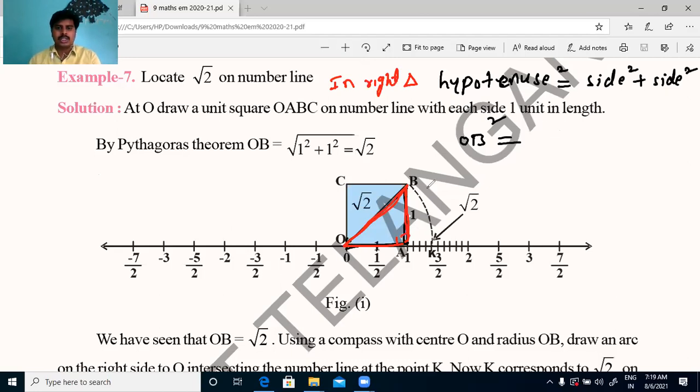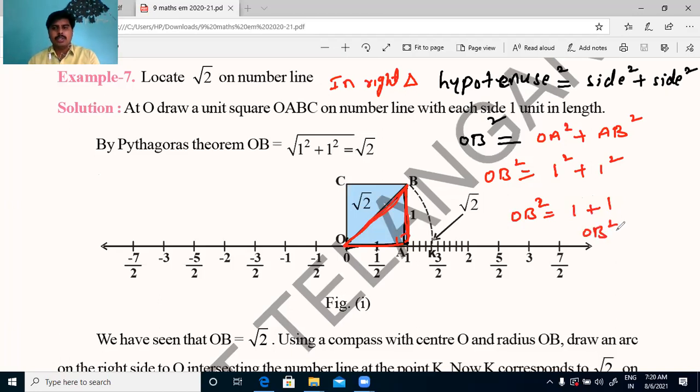OB square is equal to OA square plus AB square. What is the OA value? 1 square, and AB value is also 1 square. 1 square is nothing but 1, and 1 is also 1, so OB square is equal to 2. If you transpose this square to the RHS, it becomes root 2.